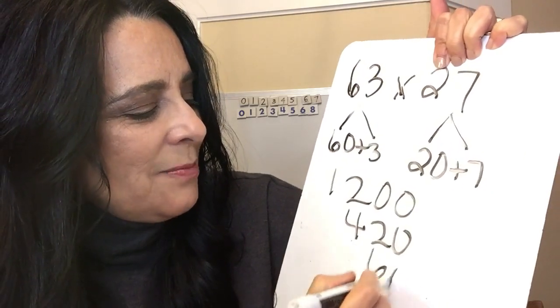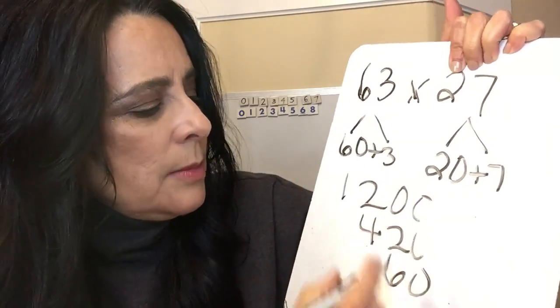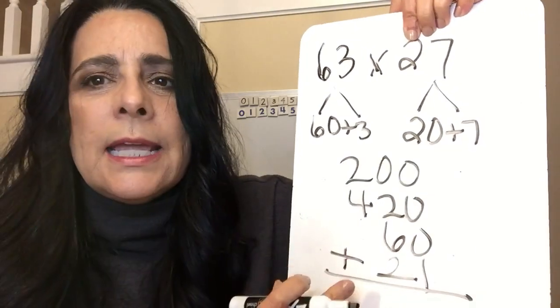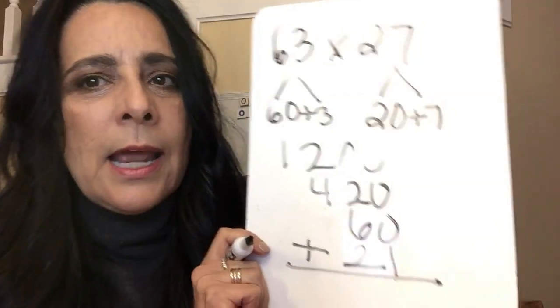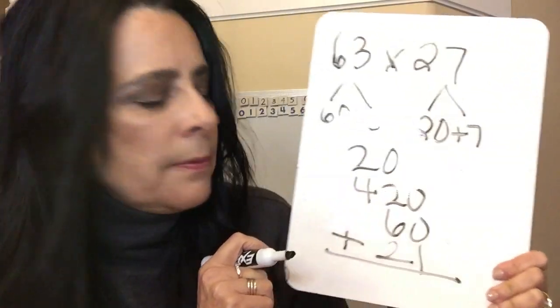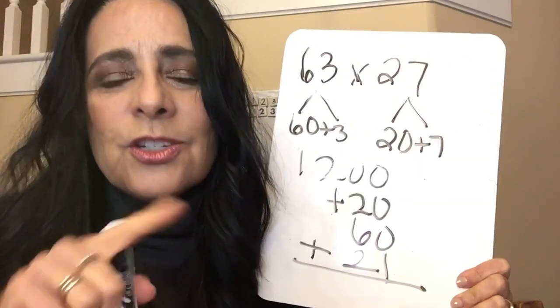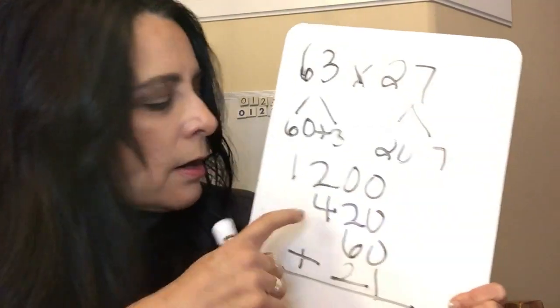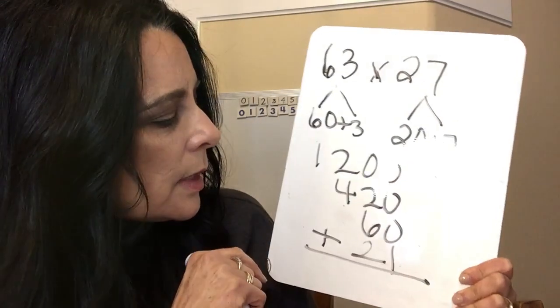Oops, I have to light it up. And 3 times 7 is 21. They may not need to see all of the multiplication written out. They might be able to just do it like this. And you'll be amazed to see that even some of your less fluent students are comfortable to do this.